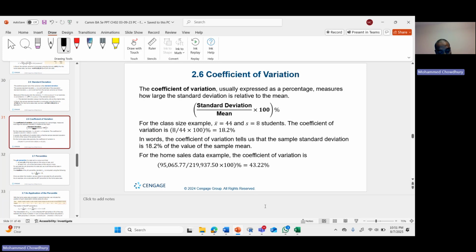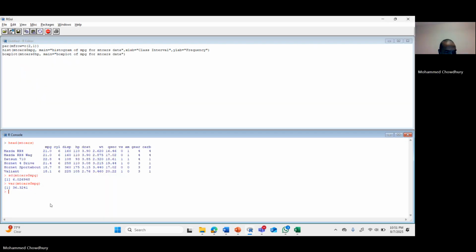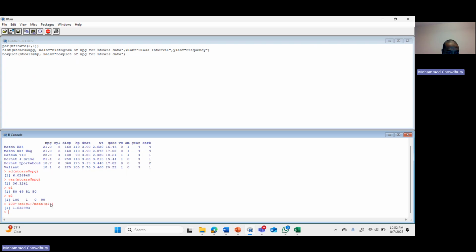For example, take a look at Z1 and then Z2. If I want to find the SD of Z1 divided by the mean of Z1, and I want to express it in terms of 100, then this is the result.